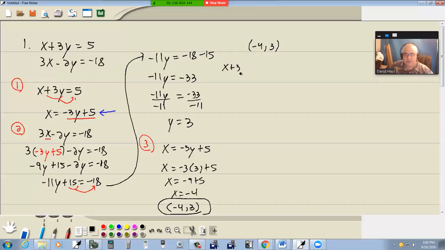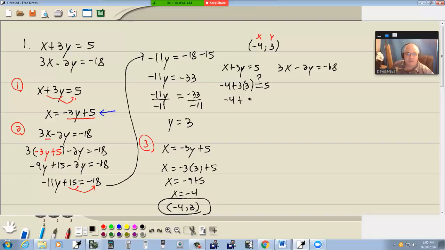So we got x plus 3y is equal to 5, and 3x minus 2y is equal to negative 18. Remember, this is your x and this is your y. So we're going to put negative 4 in for the x, plus 3 times y, which is 3. And this is a question mark at this point. We're wondering if that's equal to 5.